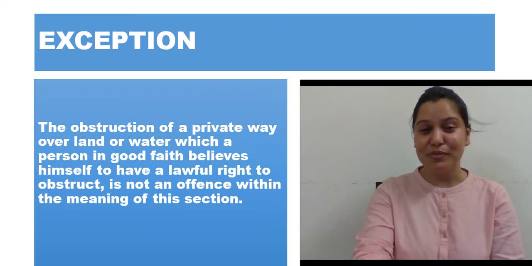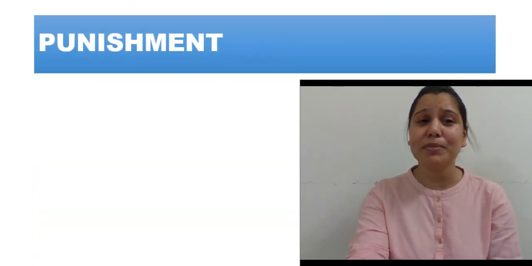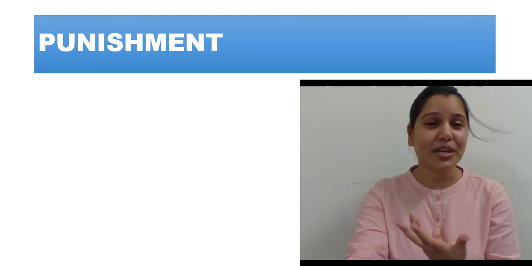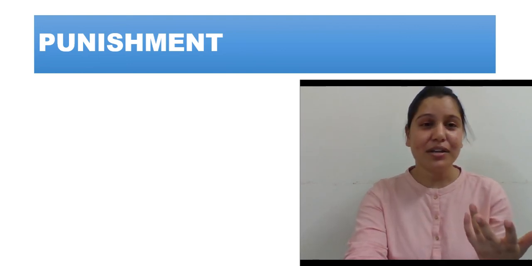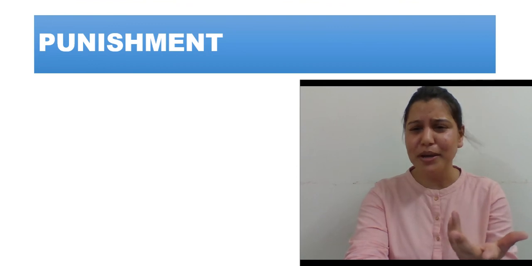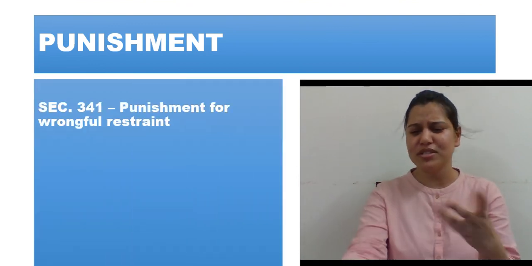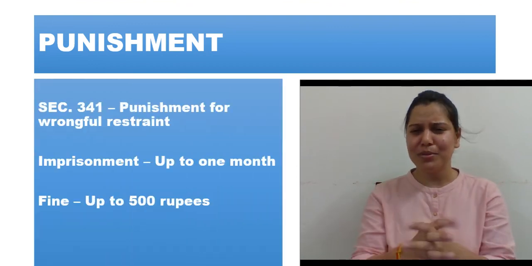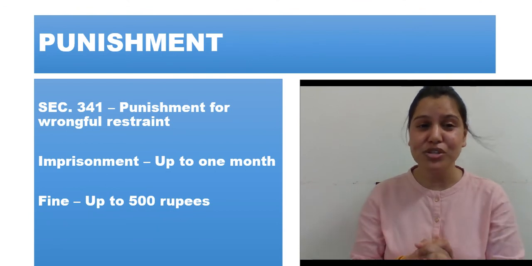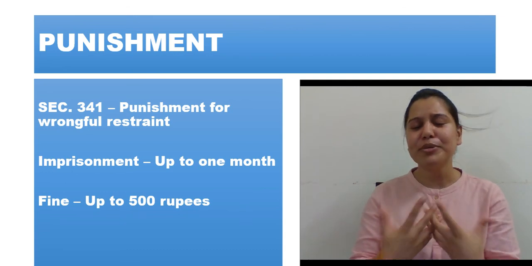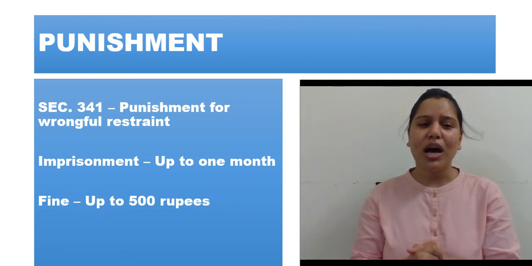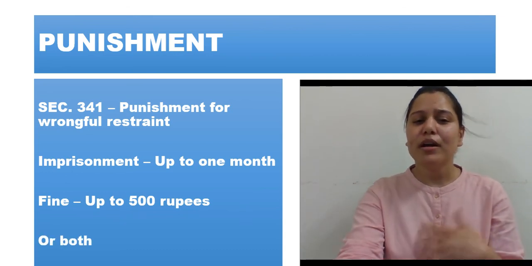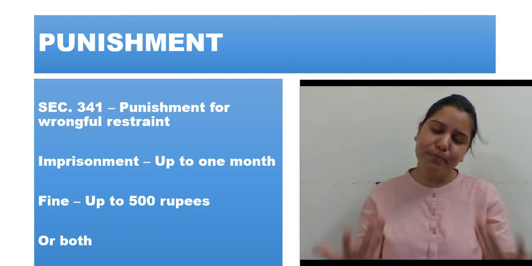Till then, as I always say, you keep studying, you keep learning, and before moving on, let's quickly see the punishment also, because it is something which does not need much explanation. So the punishment for wrongful restraint is very simple: imprisonment up to 1 month, or fine up to 500 rupees, or both, right?